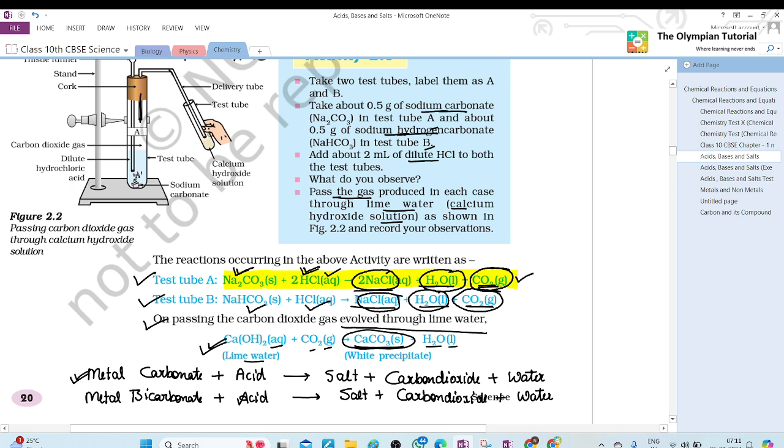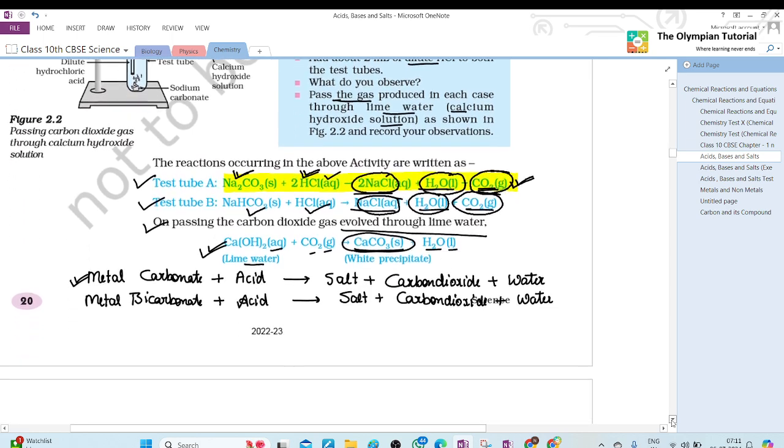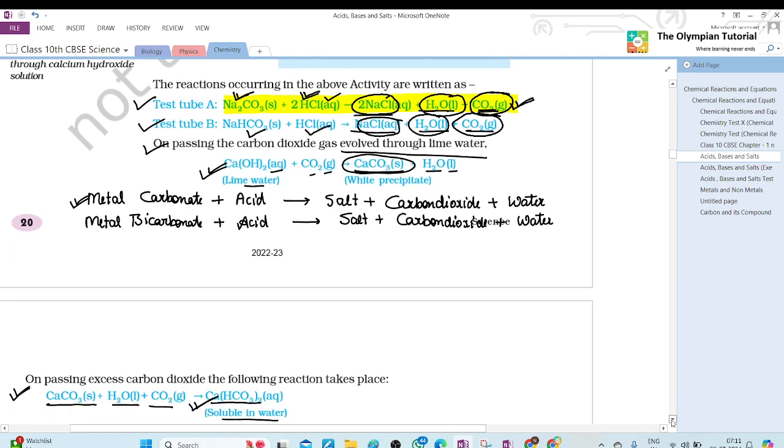What is the test for carbon dioxide gas? Ma'am, the lime water test. It will turn lime water milky. Metal carbonates react with acid giving salt, carbon dioxide and water. Metal bicarbonate plus acid will give salt, carbon dioxide and water.